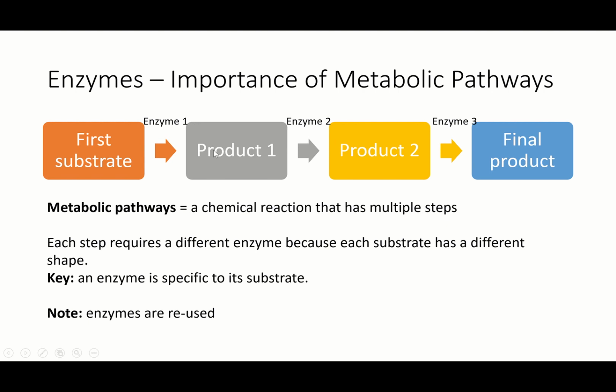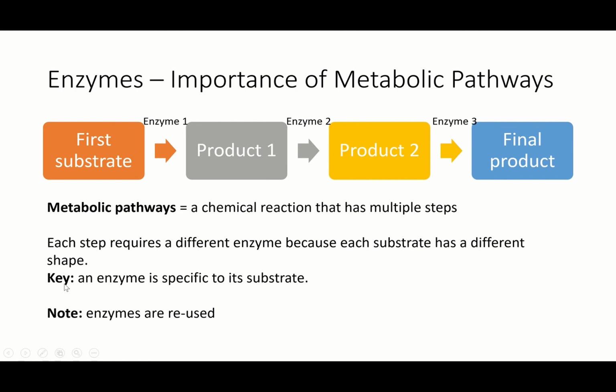And likewise for product 1, which is also a substrate for enzyme 2, they need to have the matching 3D shape to be able to bind together and start the chemical reaction. If you take enzyme 3 and product 1, these two will never go together because they will have different specificity. Now, specificity means the specific 3D shape of the active site.